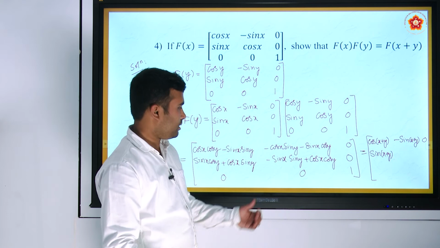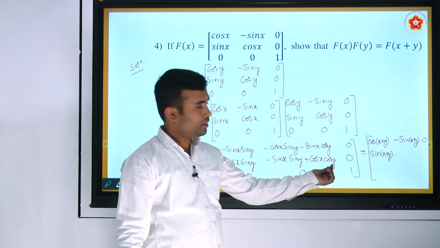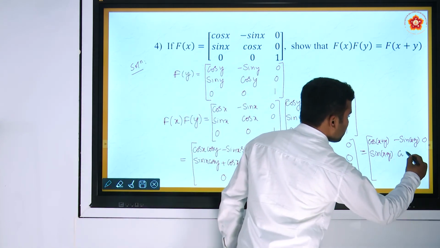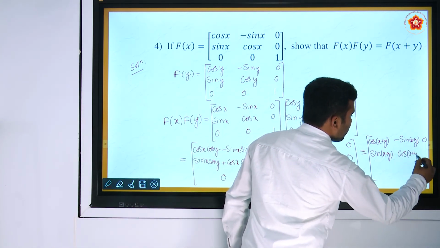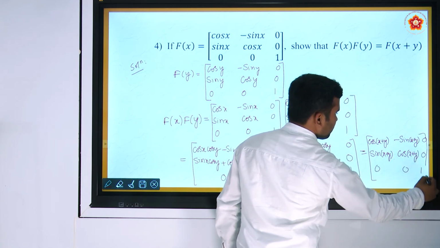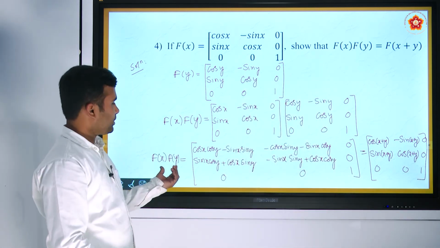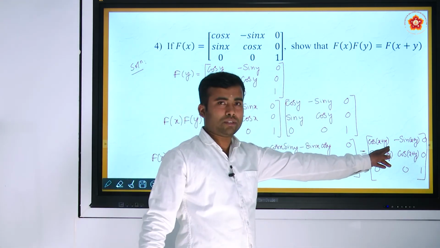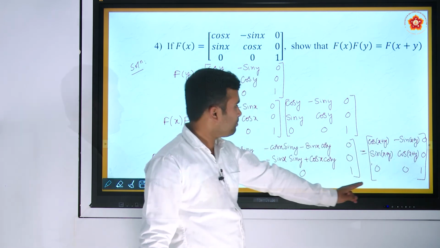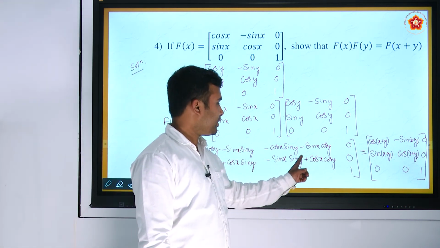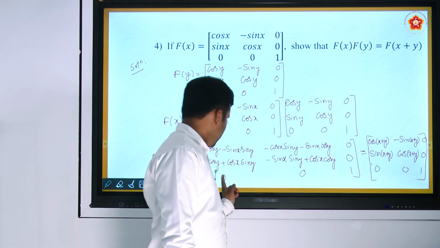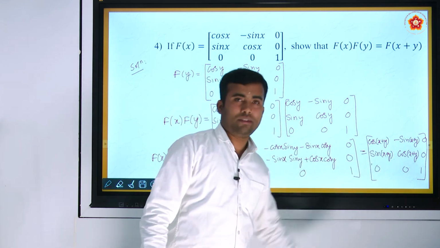And the next entry here is cos x cos y minus sin x sin y, which is nothing but cos of x plus y. So the other entry is 0. So 0, 0, 1. So this f of x into f of y is cos of x plus y, minus sin of x plus y, 0, sin of x plus y, cos of x plus y, 0, 0, 0 and 1.